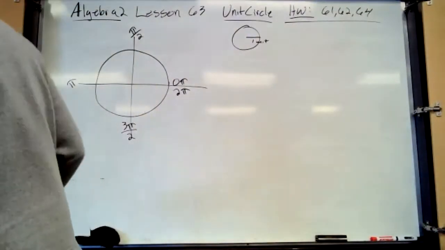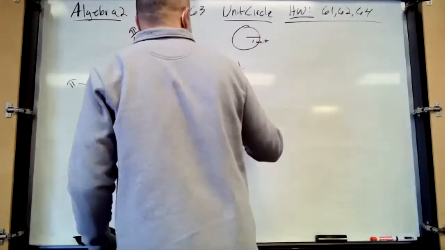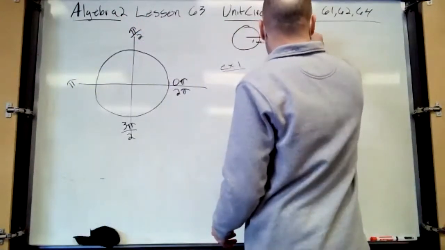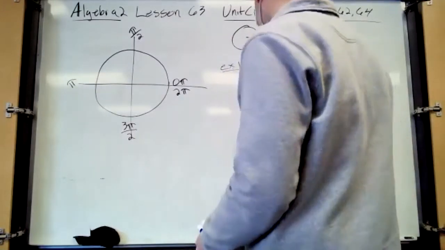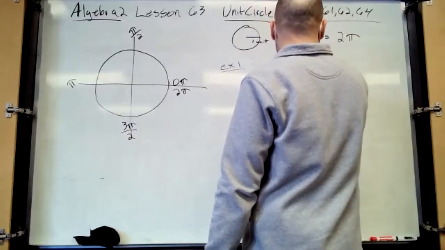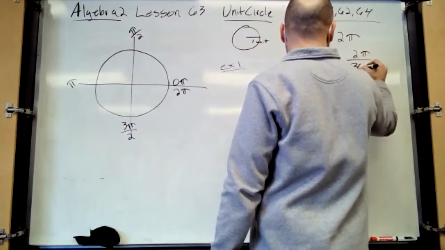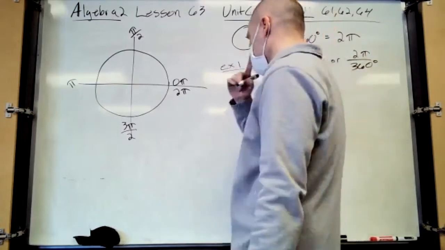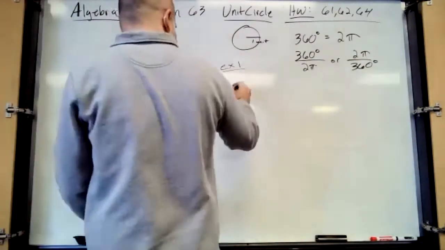Example 1. Let's write that: 360 degrees equals 2 pi, okay? So my unit multipliers would be 360 degrees divided by 2 pi, or 2 pi divided by 360 degrees.